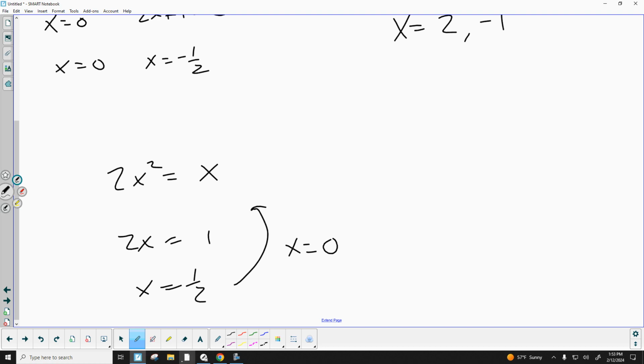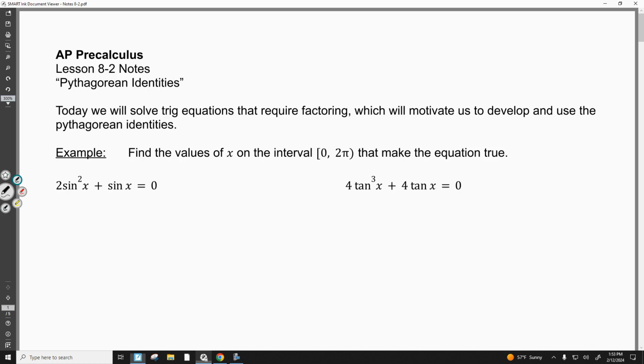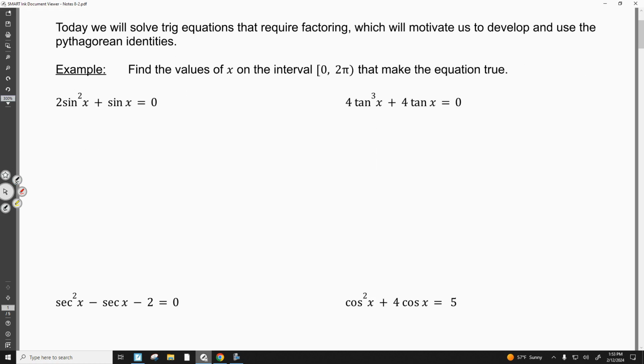We look to factor. Why do I say this? Because this equation right here is in the form of 2 times something squared plus that same thing, or like 2x squared plus x equals 0. This question right here is in the form something squared minus something minus 2, or x squared minus x minus 2 equals 0.